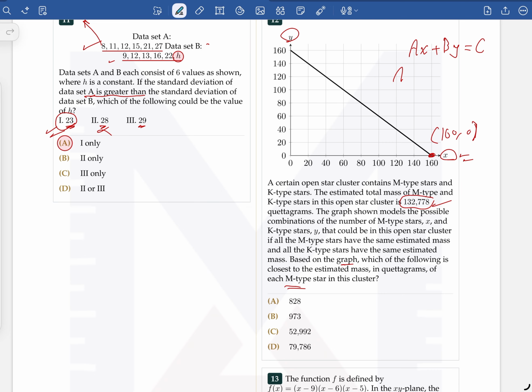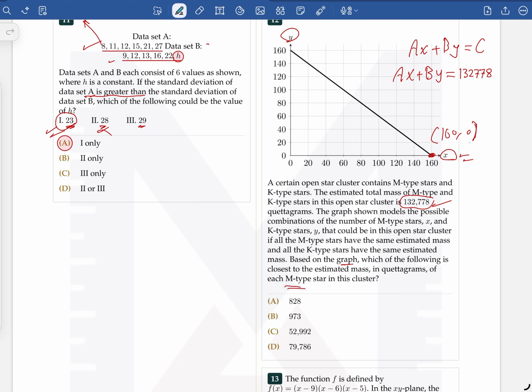So we can write AX plus BY equals C, which is 132,778.